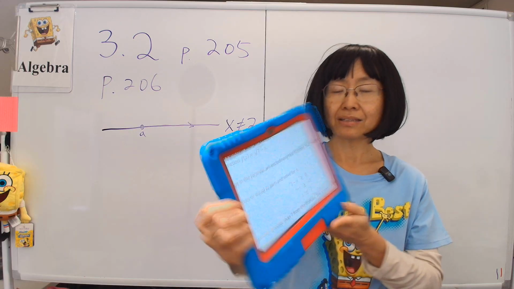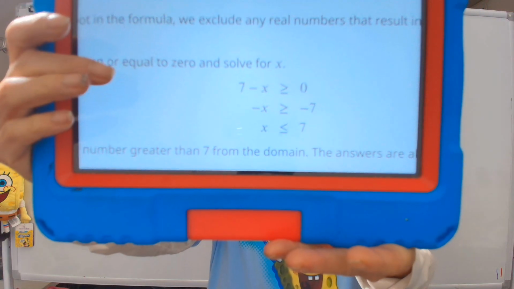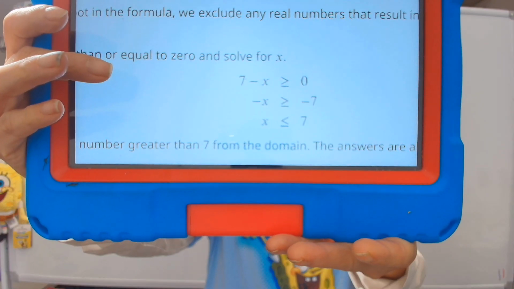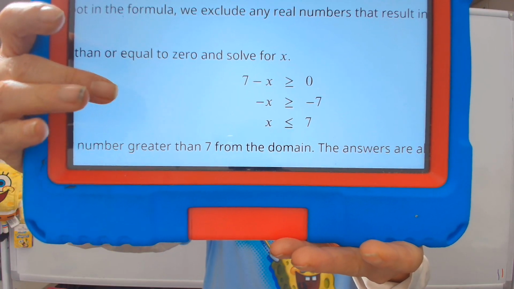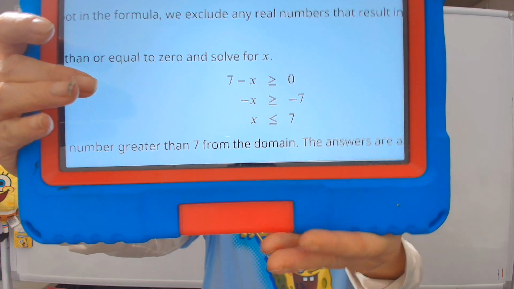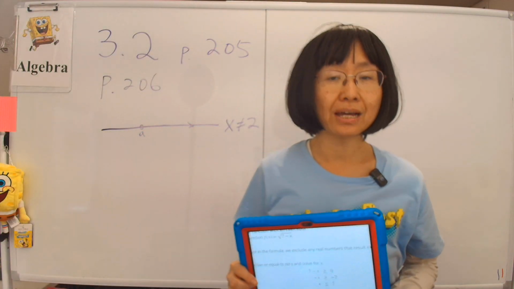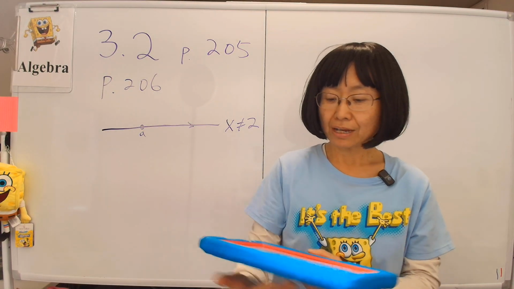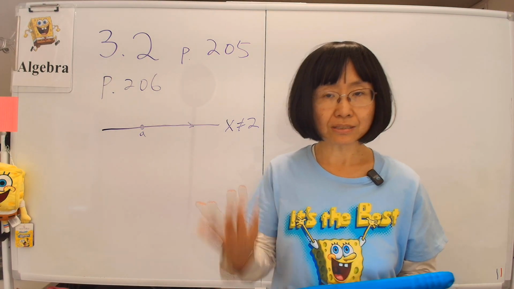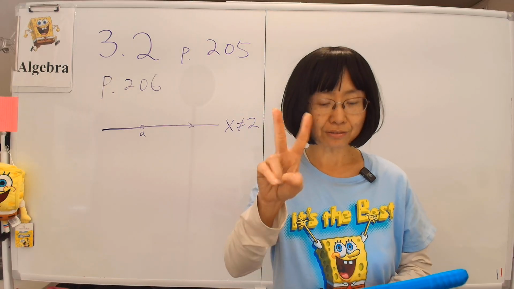Then you solve the inequality. So 7 minus x has to be bigger than or equal to 0, which means minus x has to be bigger than or equal to -7. So you divide the -1 out, and remember, whenever you divide or multiply by a negative value in inequalities, you have to flip the inequality sign to the other way.